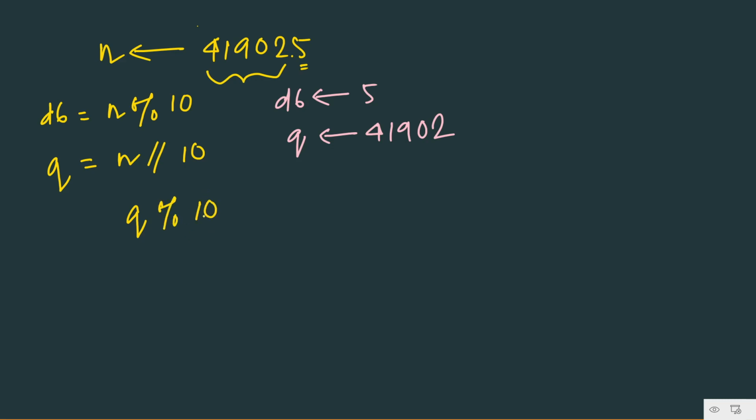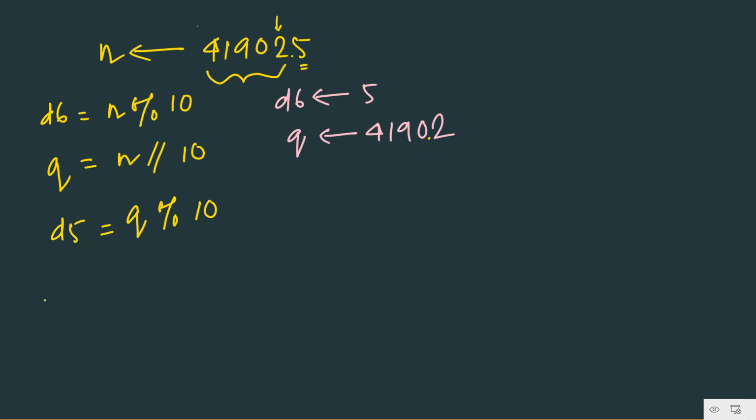Then we store that in the variable D5, because that's our fifth digit. If you divide this number by 10, you get 4190 decimal 2, and the remainder, 2, is actually the fifth digit. That is stored in D5, and the quotient you get is 4190.